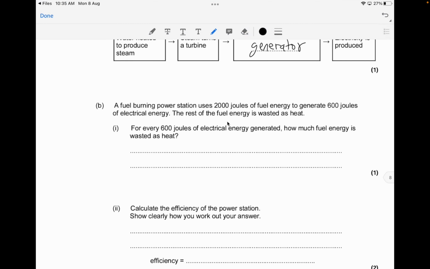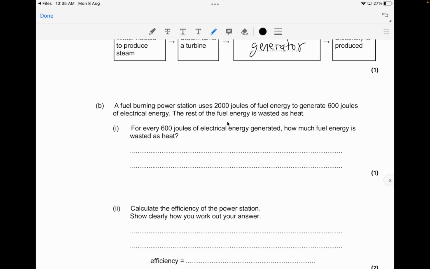Now the next part is that a fuel burning power station uses about 2,000 joules of fuel energy to generate 600 joules of electric energy. This question asks how much fuel is wasted as heat.